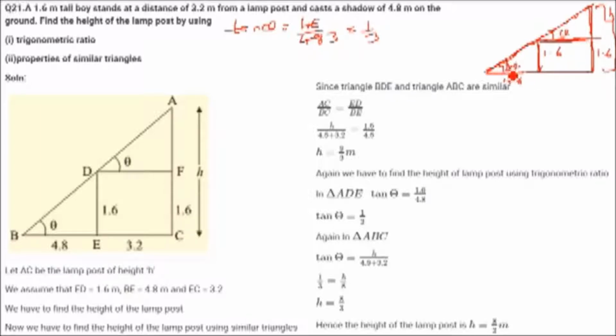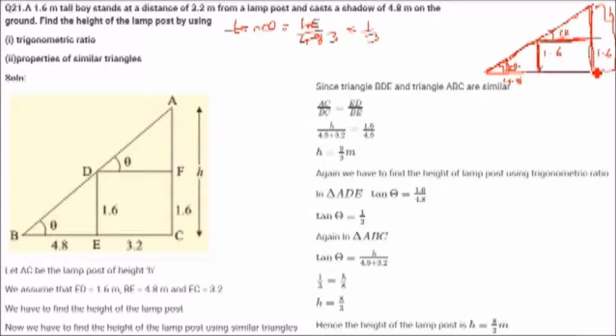Let us take this theta, because this is not known to us right now. So we have to find out this h using similarity of similar triangles. So let us use the trigonometric ratios now.